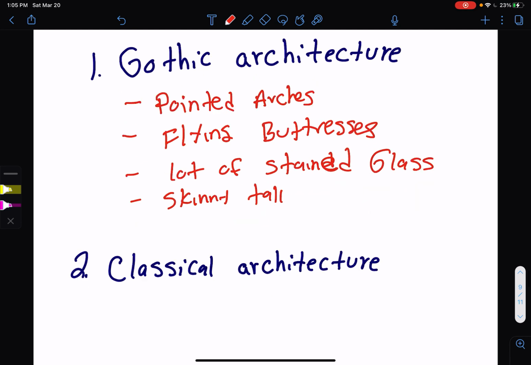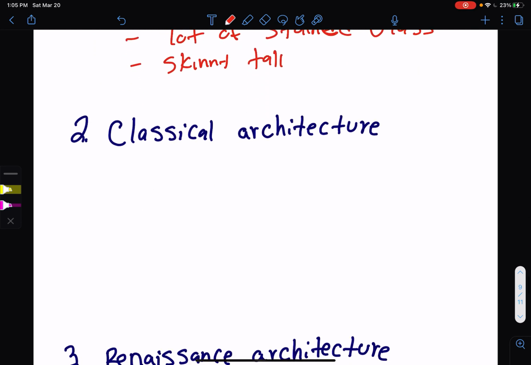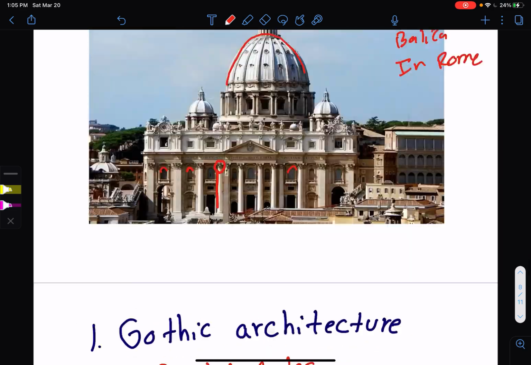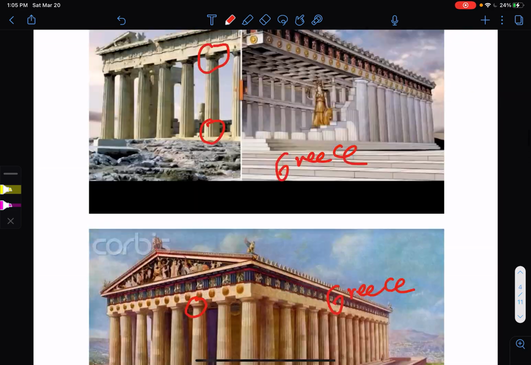Okay. Classical architecture. It depends, right? For the Greeks, you can talk about columns. The Greeks also did a lot of work with very straight lines. Very straight lines, okay? If you look at the Parthenon, that's what you see a lot of.